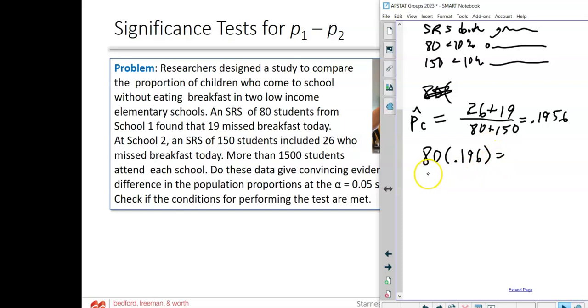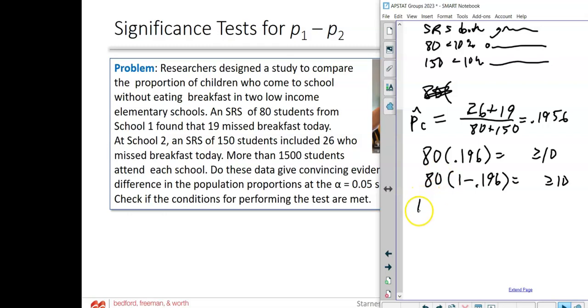We're going to type that in our calculator, and make sure that answer is greater than or equal to 10. We're going to do 80 times 1 minus that value. It's three digits, so it's a little hard to do in your head. You could do it, 0.804, and it equals some value that's greater than or equal to 10. That's the successes and fails for the first proportion, but you also have to do it for the other one.